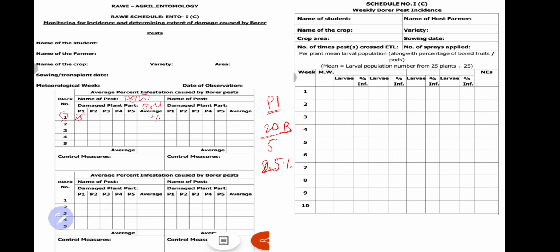Similarly, you will get percent infestation of block number 2, 3, 4 and 5 for meteorological week number 40. And this is your percent infestation for pink bollworm for meteorological week number 40. Similarly on 41 it will be different, 42, 43, 45. So these are consecutive weeks for which you have to record the data.